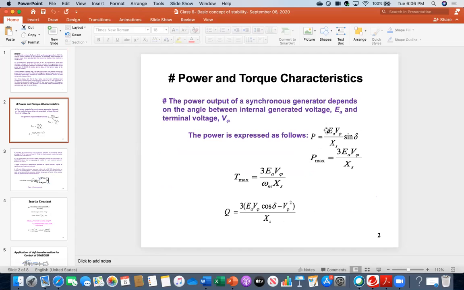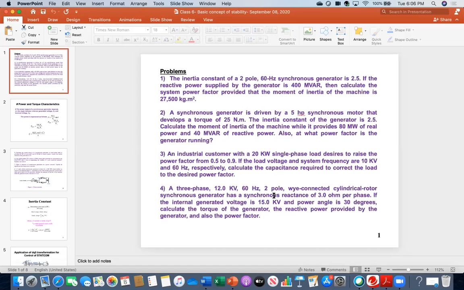Once you get this result, then you just divide by the omega. You will be getting omega from 120f over P, that will be RPM, and you have to convert that into radian per second. Then you will be getting the torque.